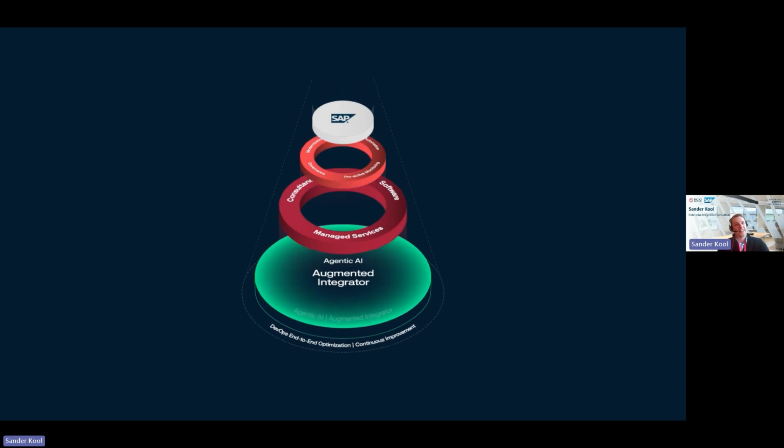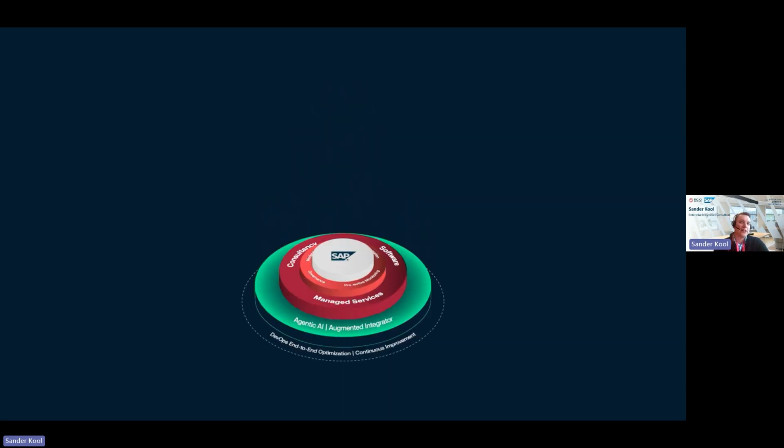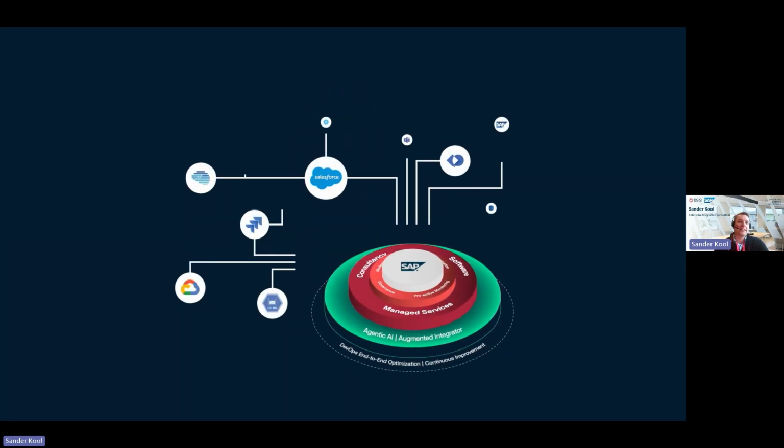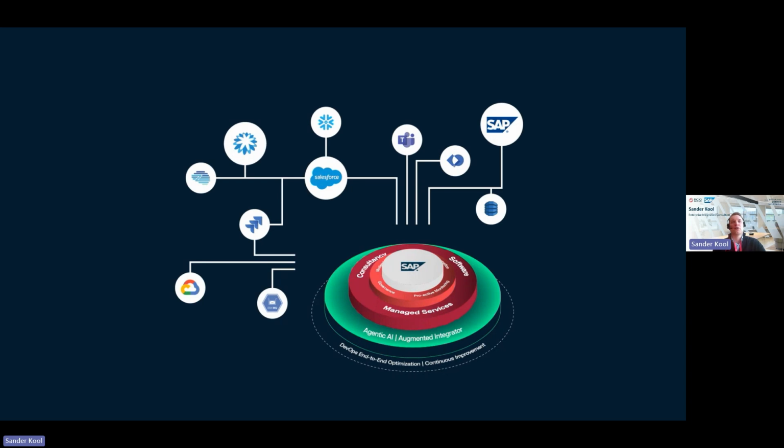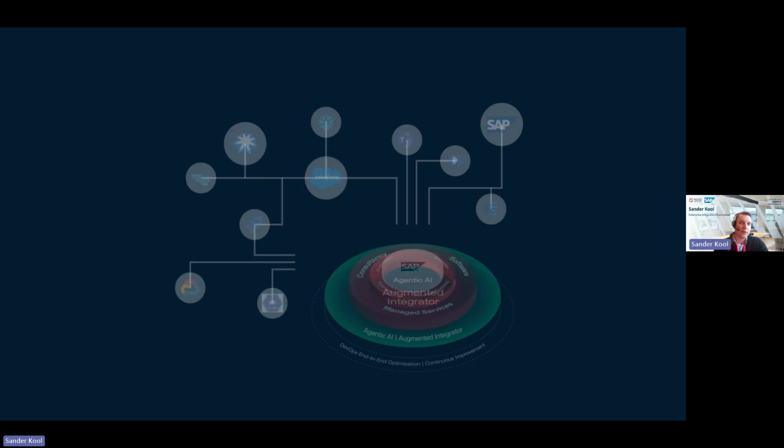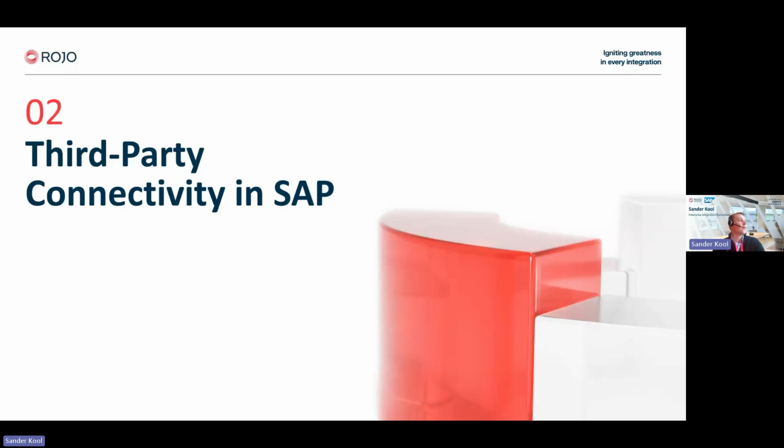These are all positioned as part of the augmented integrator experience, and you will see what results it will bring across third-party application integration, but also governance and your DevOps process and everything around SAP integration. So let me give the word to Ankit Kesarwani.